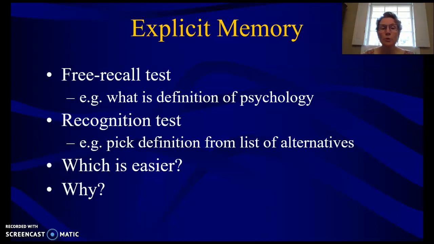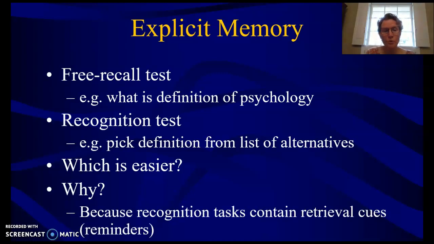But if you have a recognition test where you can pick that definition from a list of alternatives, that's easier. Recognition is easier than free recall. Why is that true? They think it's because a recognition task contains retrieval cues, which are basically reminders. Seeing that definition will kind of remind you of reading about it previously.